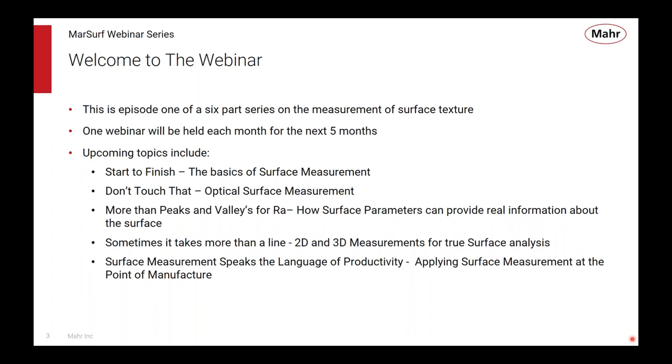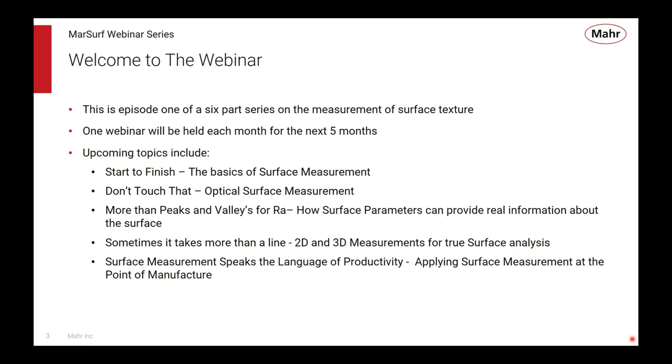And we will address topics like the basics of surface measurement. A lot of people tell us that things are kind of confusing sometimes, but the foundation of surface measurement is really pretty straightforward.